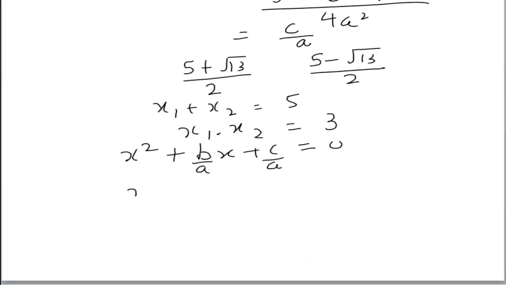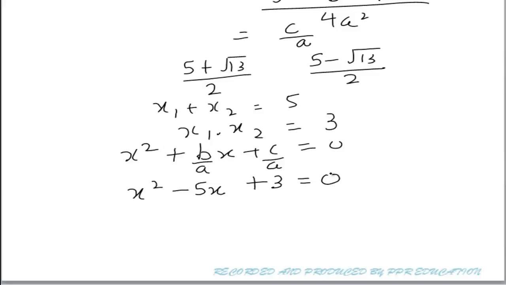So you've got x squared minus the sum of roots, so it's minus 5x, and your product of roots is c over a, which is plus 3, equals 0. And if you now look at the problem itself, it is perfect. It's minus 5 plus or minus the square root of b squared, 25 minus 4ac, 4 times 3 is 12, all over 2, so you will get the 2 roots.